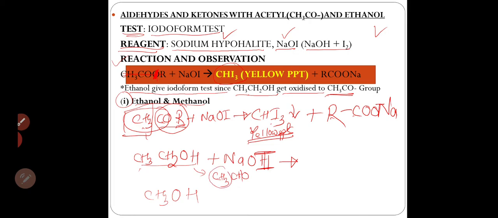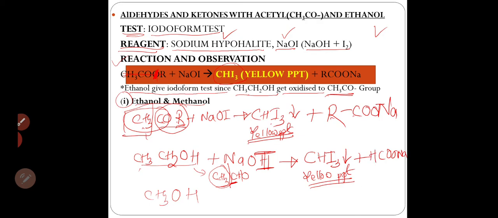Now this CH3 is removed as iodoform, CHI3, and this will give a yellow PPT. This is important to write. Plus CH3 is gone, now one carbon remains, and this carbon will change to COO with one hydrogen.